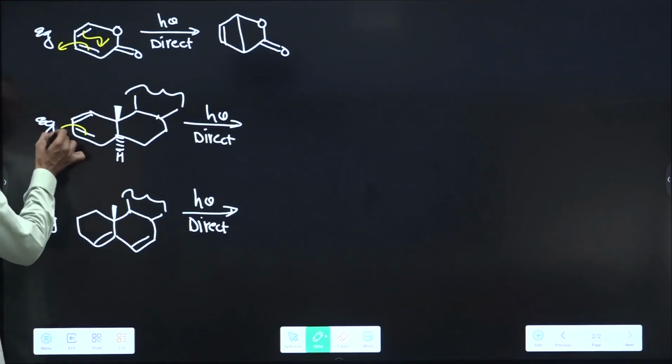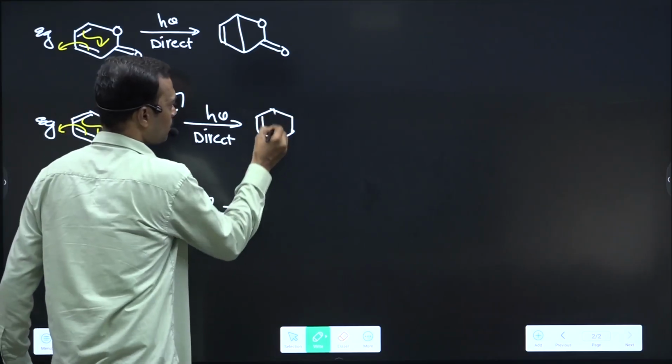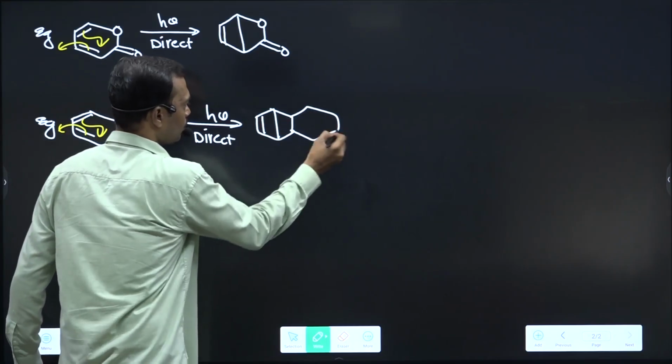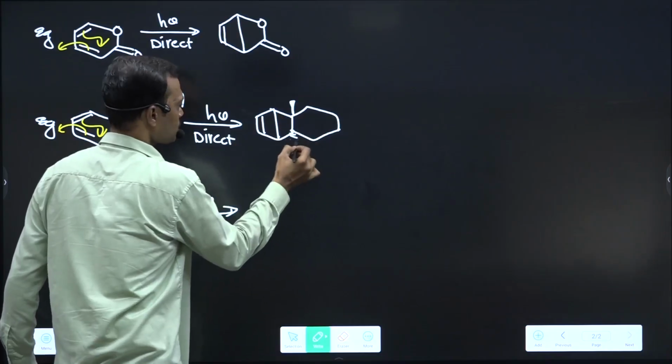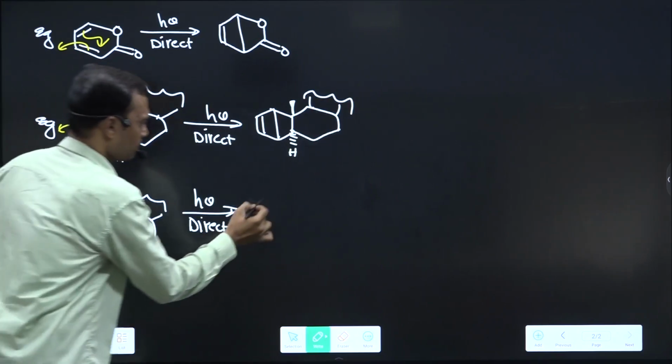So these two will be combined together like this. Your answer remains same. Double bond, double bond. One will disappear. This will be as it is, dotted line, and here it will be. Now here also remains same.